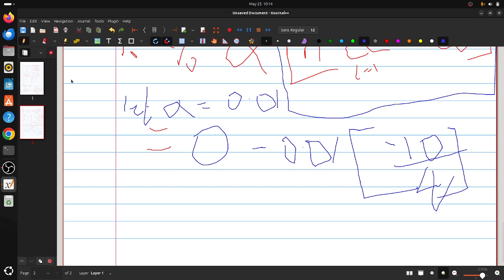So the beta naught value is equal to 0.025. Now the beta value is 0.025, and I think it has increased from 0, right?